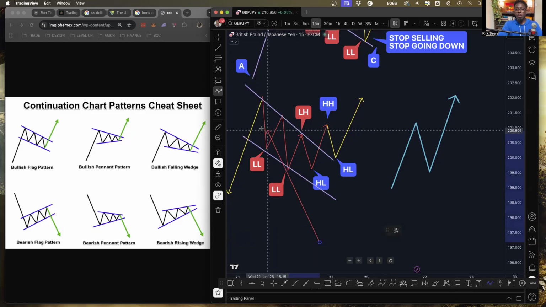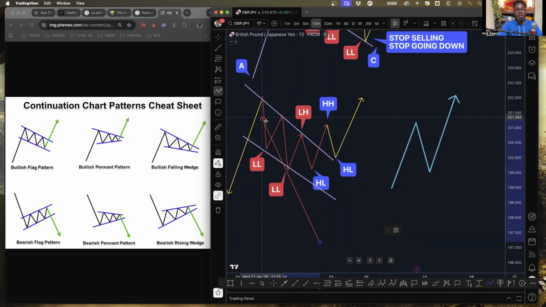We are clear that when we're inside of the flag, in between these purple lines, price is giving us lower lows and lower highs. The reason why, going from A to B, that is a downtrend. We're getting lower lows and lower highs. But we want to know when C is going to show up.